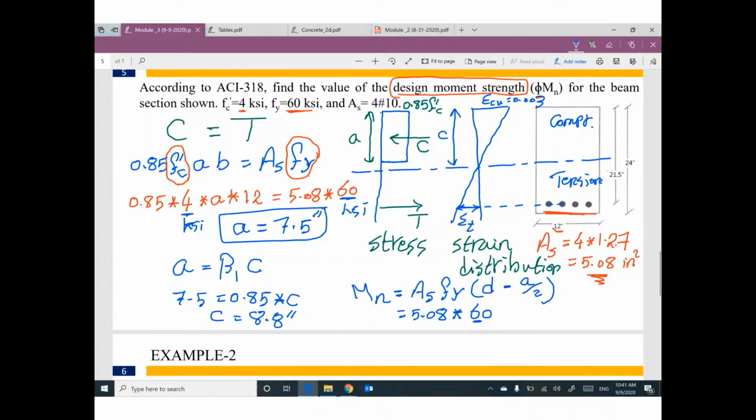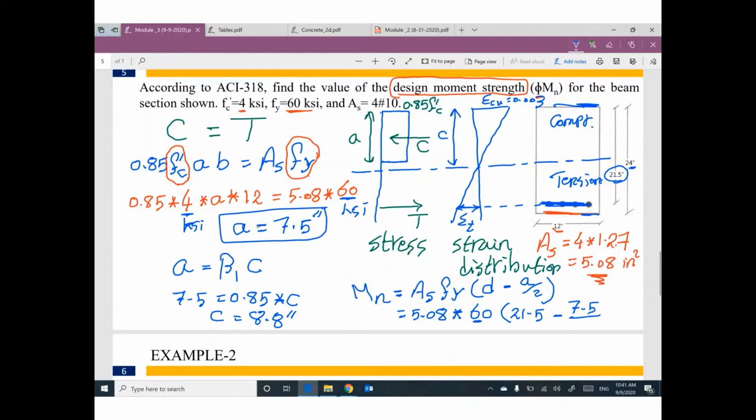Your depth is given as 21.5. Guys, the difference between 24 and 21.5: 24 is the total depth, or the overall thickness. But d, which is 21.5, is the distance between the steel reinforcement and the top of the cross section. So d is given as 21.5 minus a, which is 7.5, divided by 2.